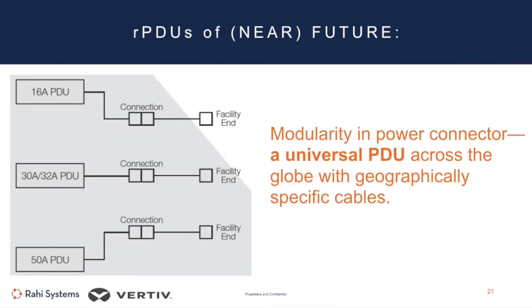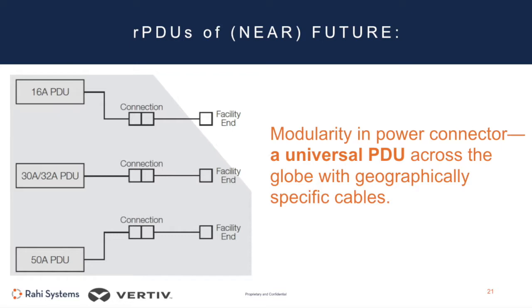In the near future, we can see this modularity taking a different flavor in the form of a power connector and a power cord. So as the slide says, modularity in a power connector to create a universal PDU across the globe with geographic specific power cables. And this is how that would shake out. If we look at the image on the left-hand side, we have a traditional PDU represented with three different variants.